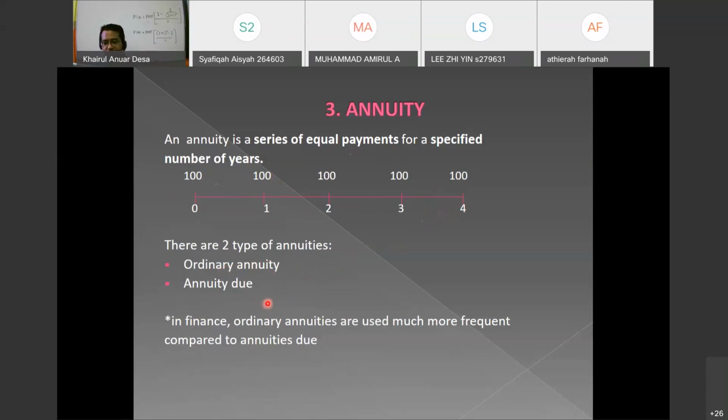So before we proceed, I would like to know, can you give an example of annuity in our life? What examples can you relate to annuity situations in our life? So please give an example that we can relate this annuity to in our real life.